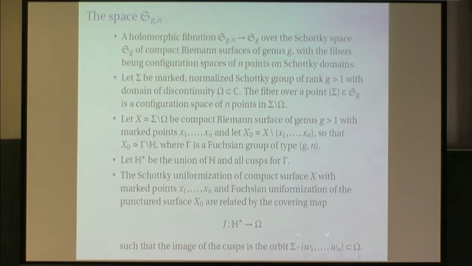But now it's equivariant, because if you compose it with gamma, then you need to post-compose it with sigma. So this is the equivariant map of two domains where the groups act. And then the image of cusps is the orbit of the marked point. So that's the way of introducing marked points on a Schottky space.